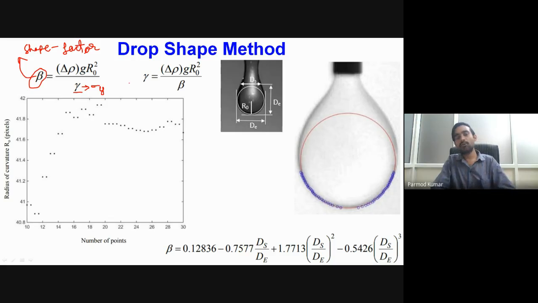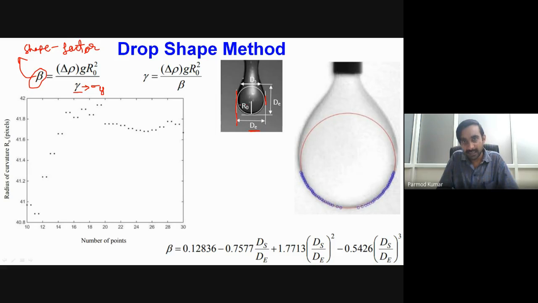Experimentally, we consider this particular photograph. In this photograph, you can see a pendant drop hanging from a capillary. In this drop, we first find the largest diameter of the droplet, represented by DE, which is the largest diameter of the drop.